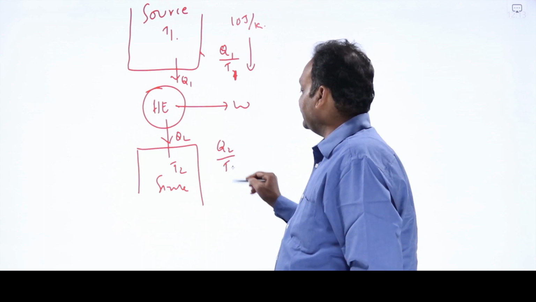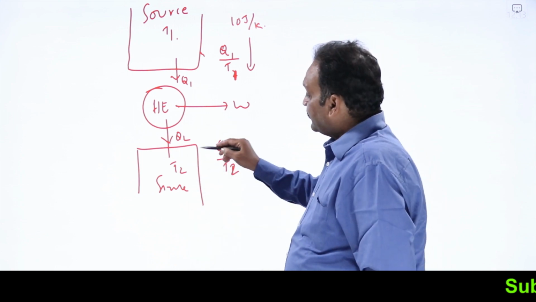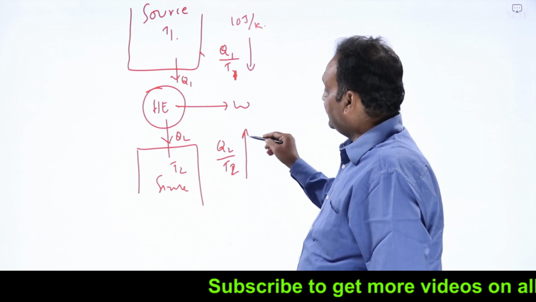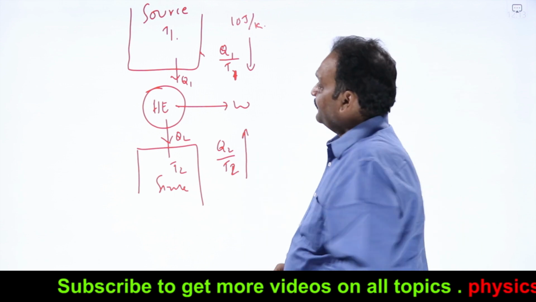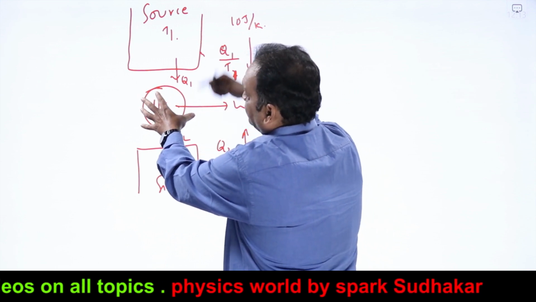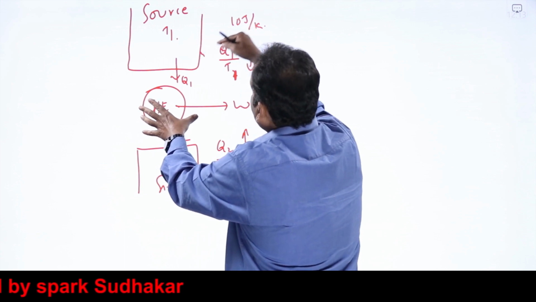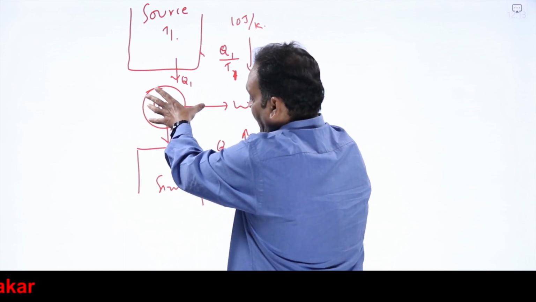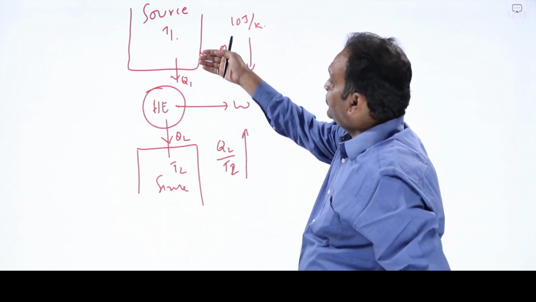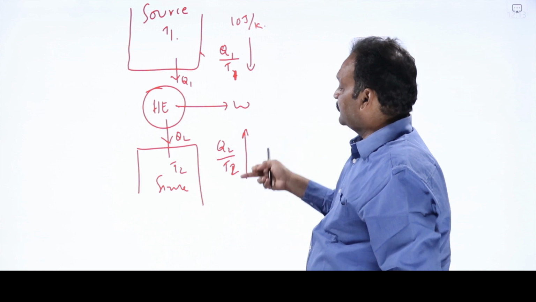So the heat engine is our system, and the source and sink are both our surroundings. One part of the surroundings has a decrease in entropy, and the other part of the surroundings has an increase in entropy. Now, because the Carnot engine is a reversible engine, we have seen that Q1 by T1 is equal to Q2 by T2.